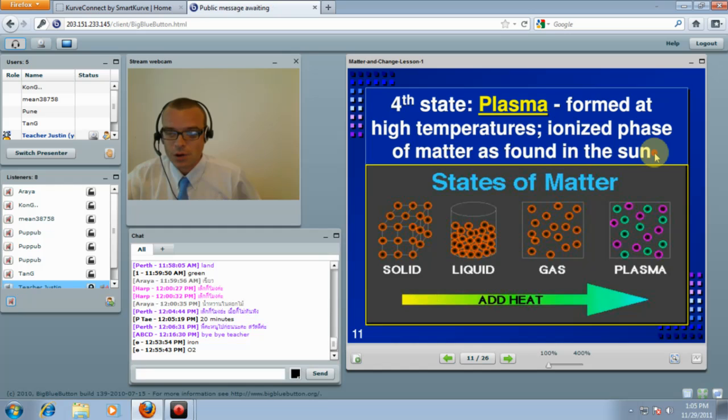You look at a photograph of the sun, you can see all of the different waves, or it looks like it's spitting out all of the matter. This stuff there is plasma. It's become ionized just because of the really high temperatures and pressures in the center as well.